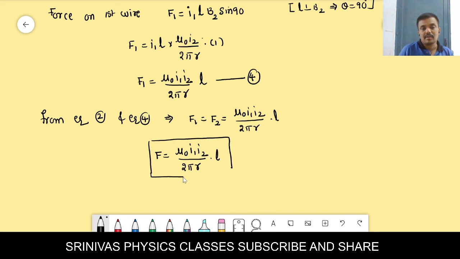This is the formula for the force. Understood or not? This is the force formula, the general formula for force between two parallel conductors. Now, force per unit length I want. Force per unit length is what?